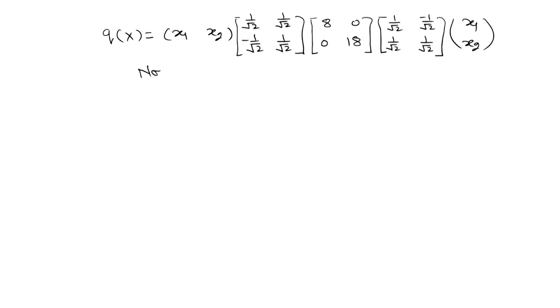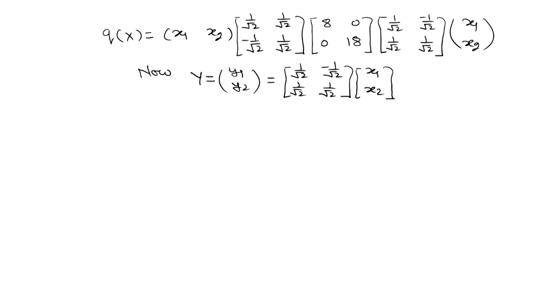So, now assume another vector y, which is y1 y2, this equals Q transpose into x, where x is x1 x2. So, basically my y1 is 1 by root 2 x1 minus 1 by root 2 x2, and y2 is 1 by root 2 x1 plus 1 by root 2 x2.